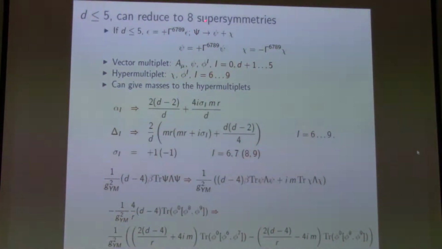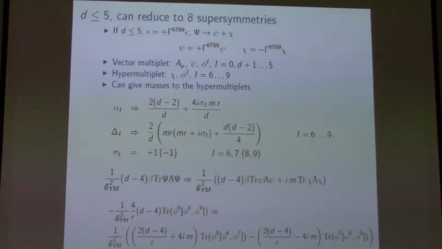And then my spinor psi splits into 2 different spinors, psi and chi, where psi is even under this combination of gamma matrices, and chi is odd. You can see you need 4 if you square this.